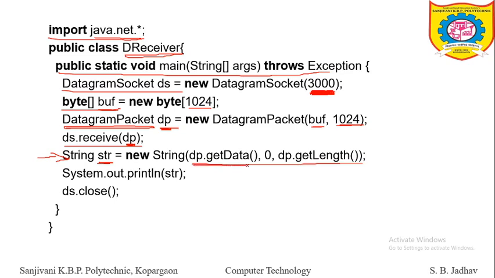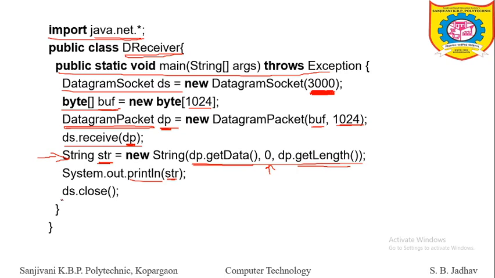The dp.getData method will retrieve the byte array, and we are copying the data from the 0 offset to the last byte of the datagram packet. So the complete message will get copied to this str string, and that we are printing from this println statement.